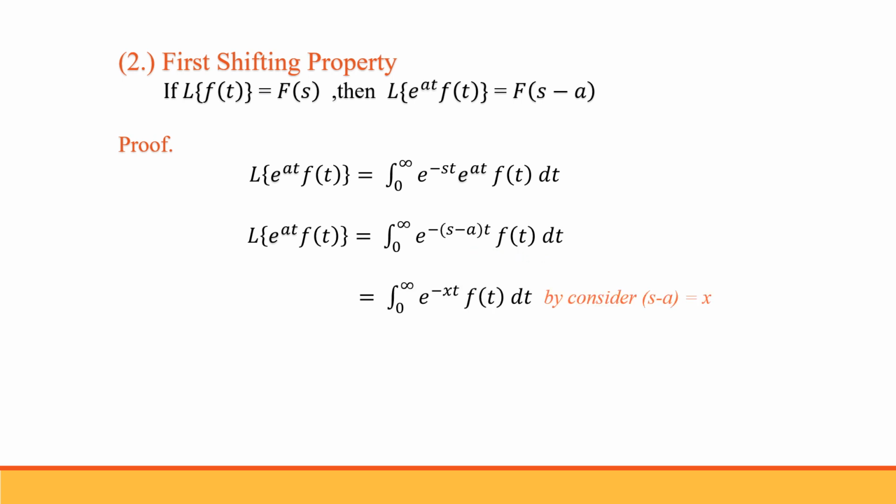By considering s minus a equal to x, we get the integral from 0 to infinity of e to the power minus xt f(t) dt. By definition, we can write it as capital F of x, which is nothing but capital F of s minus a. So this is how we prove the first shifting property.